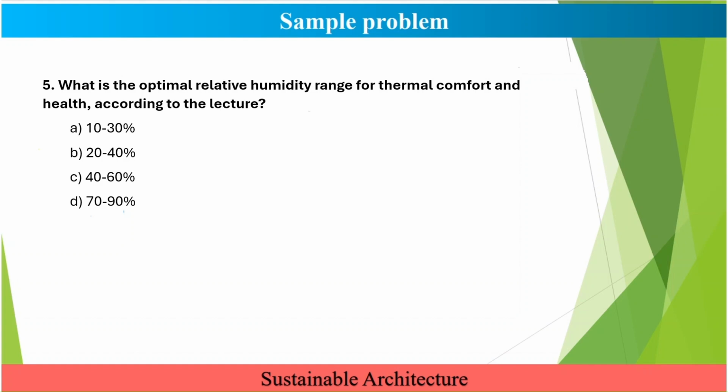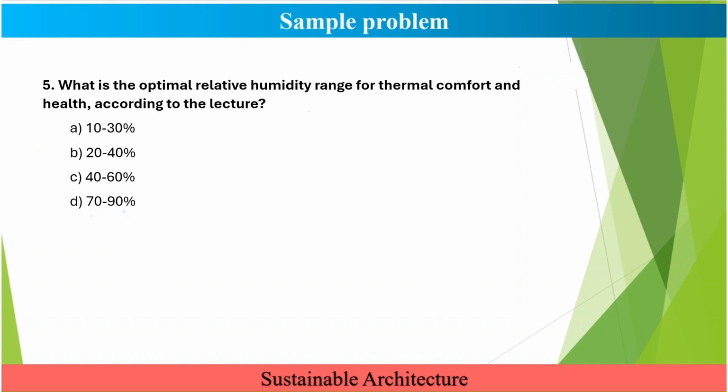What is the optimal relative humidity range for thermal comfort and health, according to the lecture or according to the psychrometric chart? B, sir. C. 40 to 60%. Yeah, option C. 40 to 60. So the correct answer is C only, 40 to 60%.